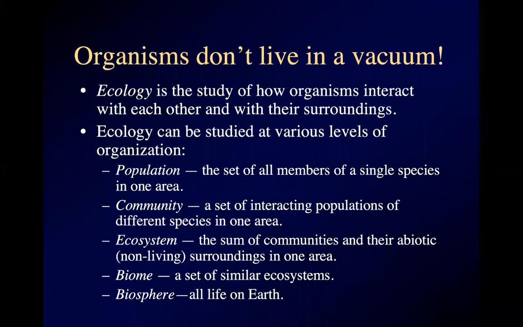When we're talking about all the communities and all their non-living surroundings in one area, we have an ecosystem. So if I was talking about the ecosystem of the Jewel Moore Nature Reserve, I would be talking about everything from the chanterelle mushrooms to the passion fruit and pepper vine, to the feral cats, to the dragonflies and other insects, all of those living communities.